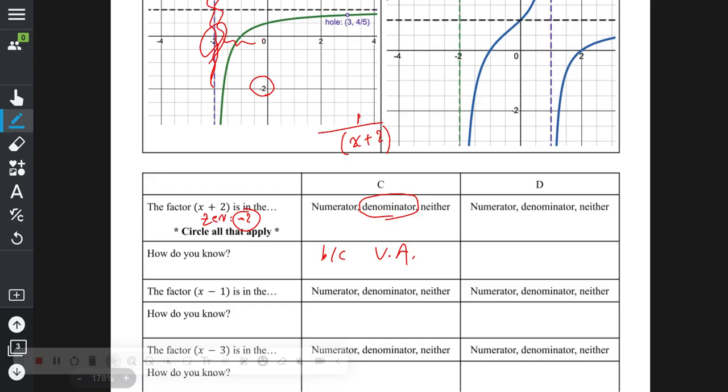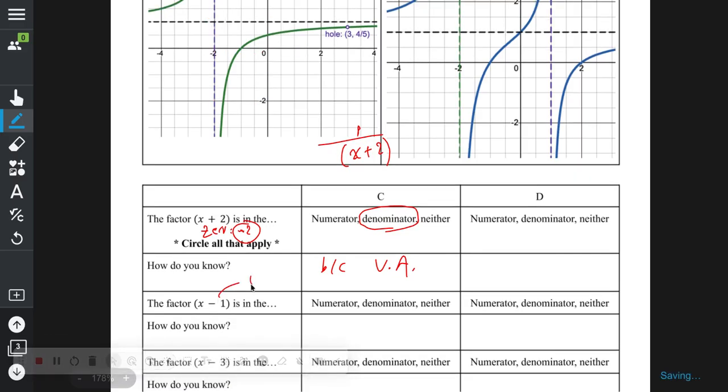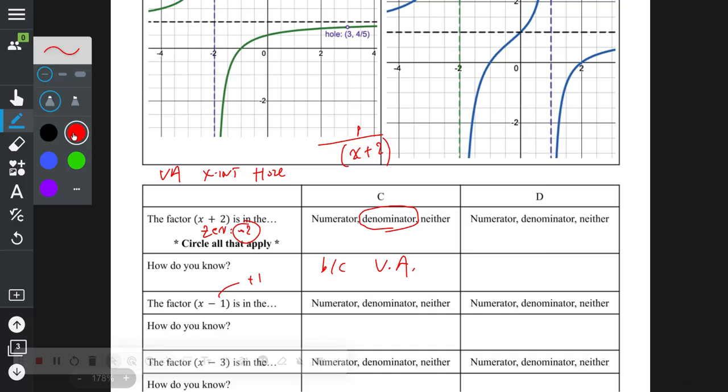All right, factor x minus 1, where is it? Well, the zero of this is positive 1, and we're really looking for a VA, an x-intercept, or a hole. The only place to really look is along the x-axis.